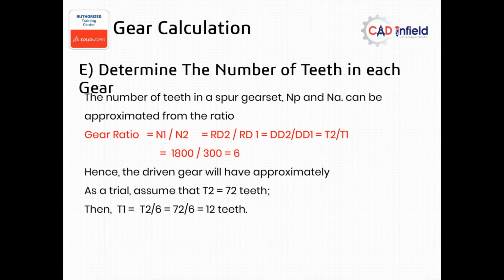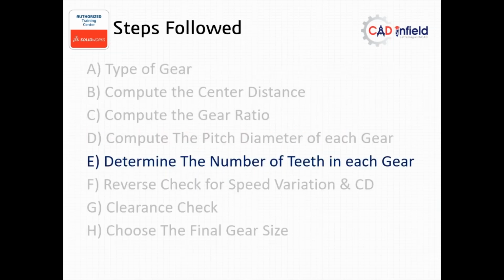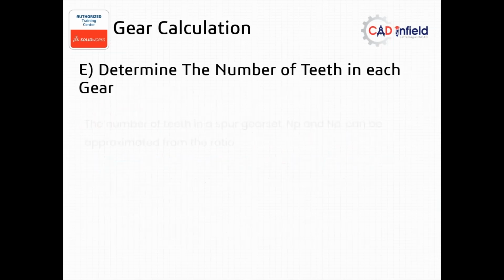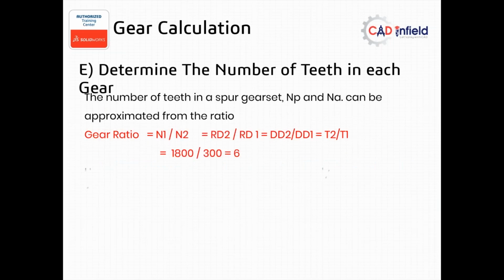Now I need to assume X. In various applications you need to assume something and reverse calculate. So here let us assume the number of teeth as 72. You can assume anything; I will assume the number of teeth based on the diameter. My diameters are 18 inch and 3 inch.